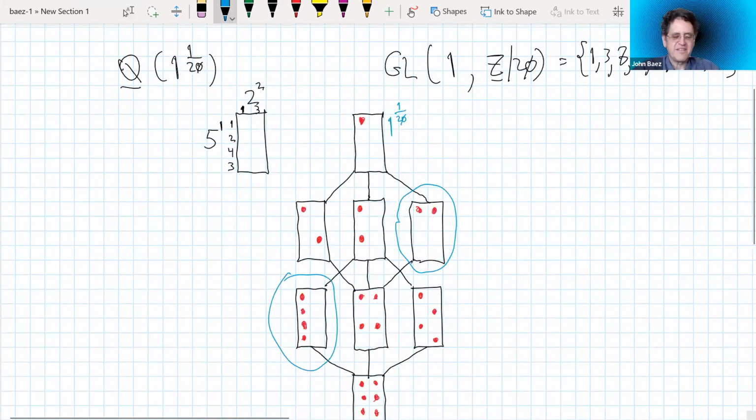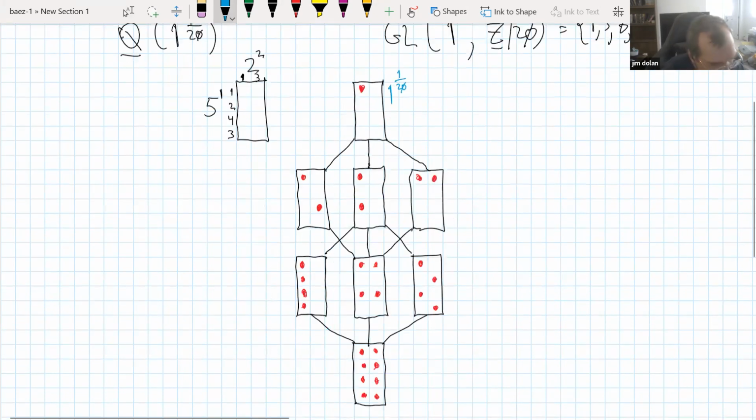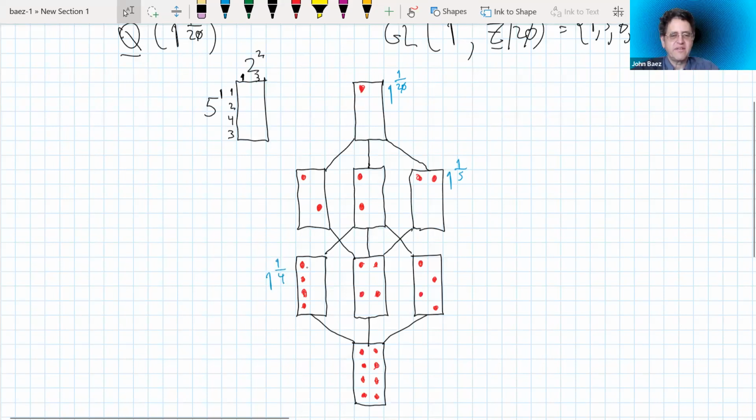Okay. So those are important landmarks in this Galois correspondence. Those are those other cyclotomic fields. So I guess what we're saying is that a generator here is 1 to the 1/5, and the generator here is 1 to the 1/4. So you could also say this is the Gaussian rationals over here.